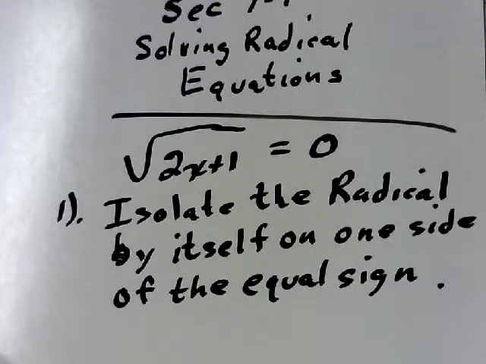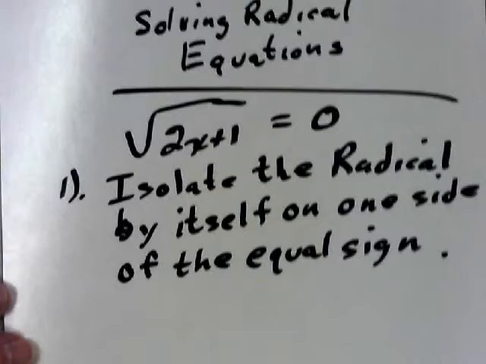So if I look at this particular equation, the whole square root of 2x plus 1 is a radical. Would you agree? Is it by itself on one side of the equal sign? Okay, so that first step is done.